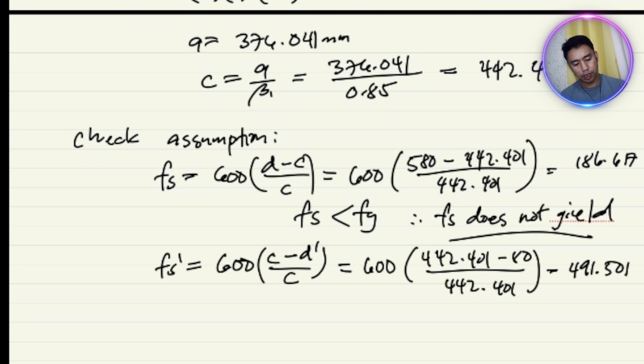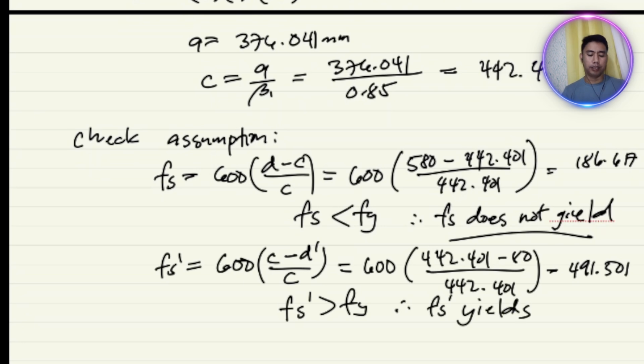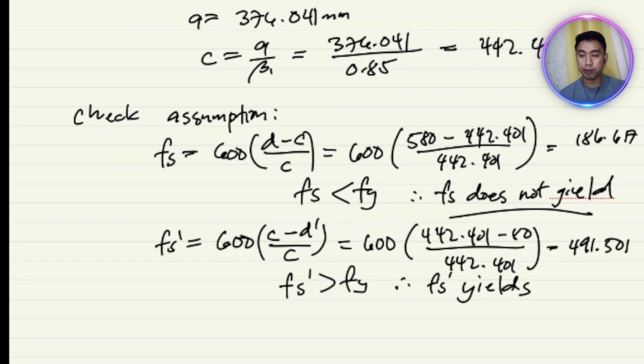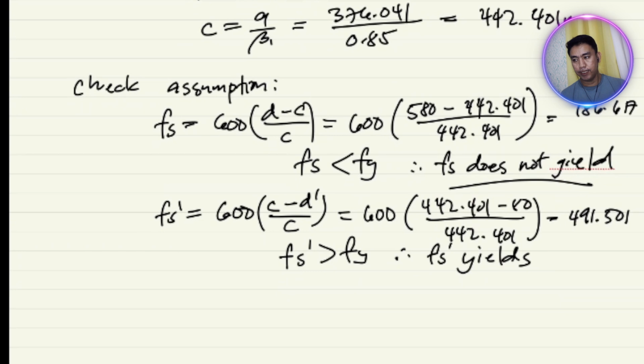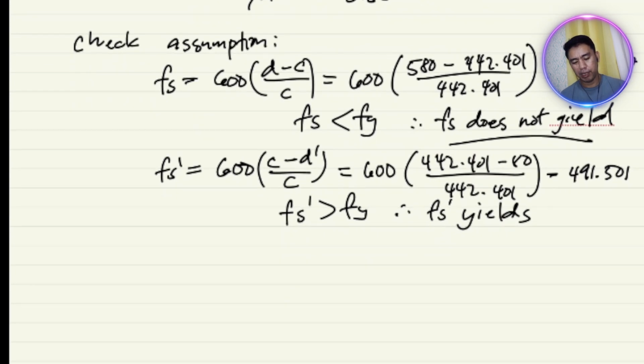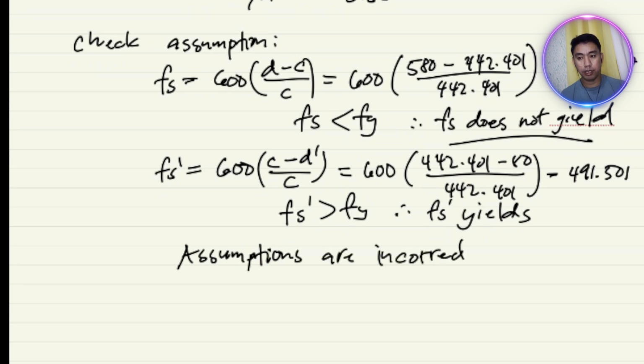So here Fs prime is greater than Fy. Therefore, Fs prime yields. So tama yung assumption natin ng Fs prime nag-yield, pero yung tension still does not yield. Pag mali yung isa, mali na yun lahat. So assumptions are incorrect.